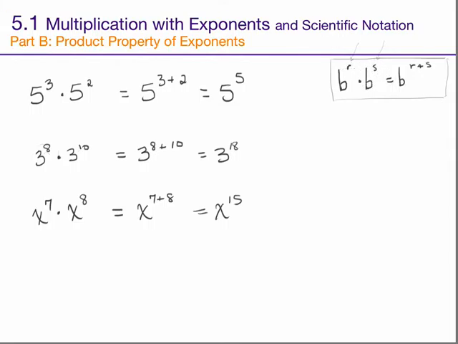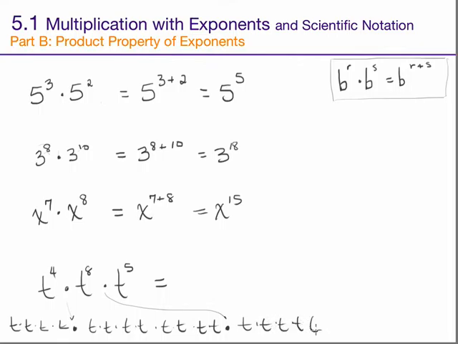Okay, one more example. t to the 4th times t to the 8th times t to the 5th. Again, if I were multiplying together t times itself 4 times, t times itself 8 times, times t times itself 5 times, and then finding a way to write this in shorthand, if I counted 4 copies and 8 more copies, that would be 12 copies so far, and then another 5 copies is a total of 17 copies.